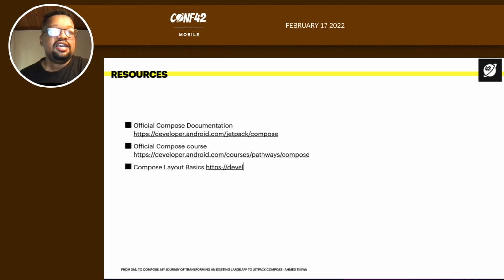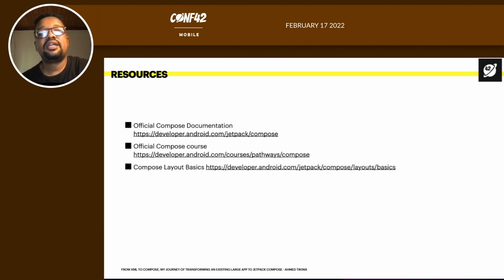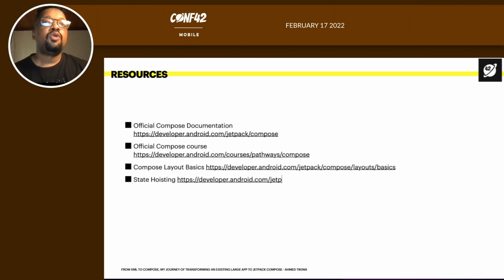And then Compose layout basics, which basically allows you to understand how things are laid out. If you want a deeper understanding of all of that, you can find that at developer.android.com/jetpack/compose/layouts/basics. And then state hoisting, which I mentioned earlier, which is an important concept within Compose. This is where you'll find it there.